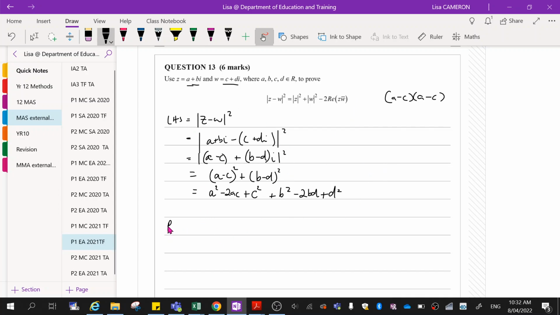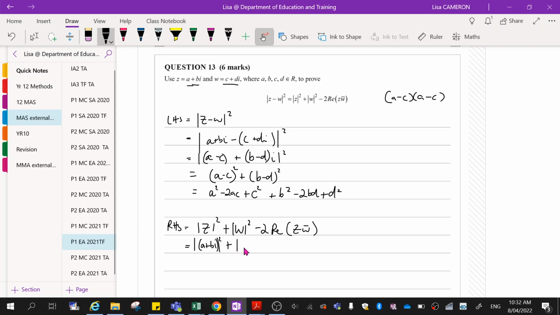Now we're going to look at our right-hand side. We're going to try and make them match up. So |z| squared plus |w| squared minus 2 lots of the real component of z w conjugate. So first thing I'm going to do is I'm going to input my equations in there.